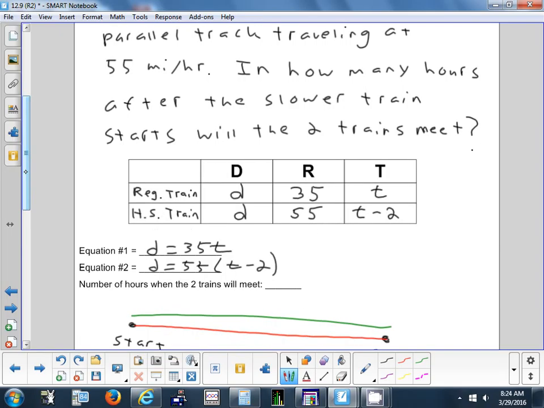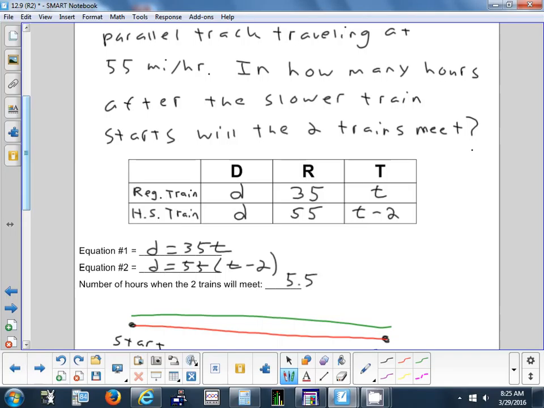And it says, in how many hours after the slow train starts will the trains meet? So, how many hours after the slow train starts will the two trains meet? What did we say? 5.5 hours. Yes.